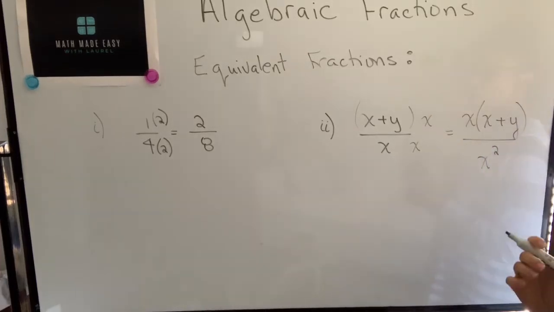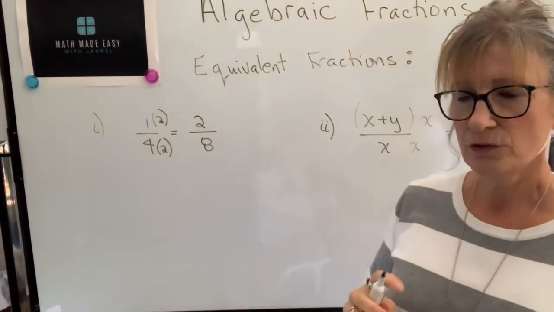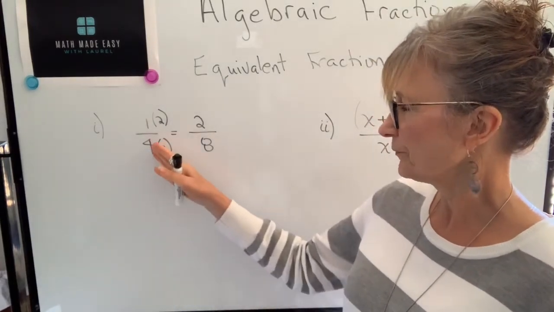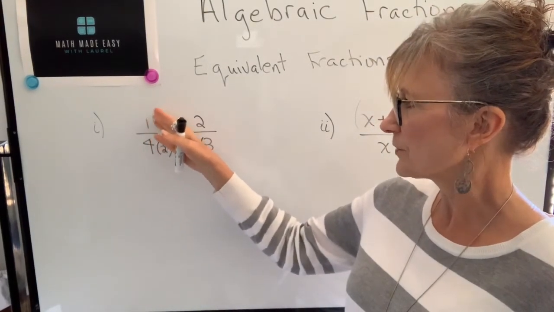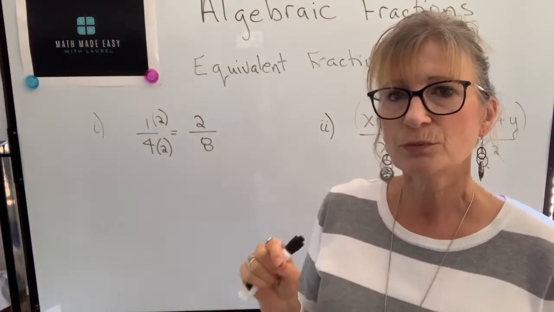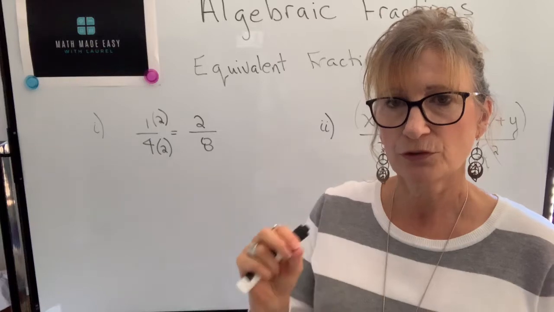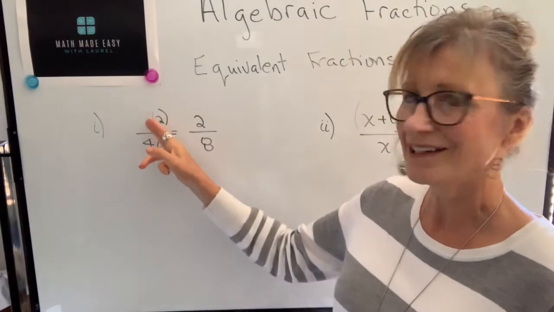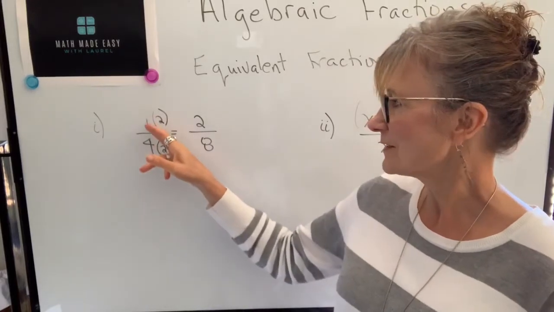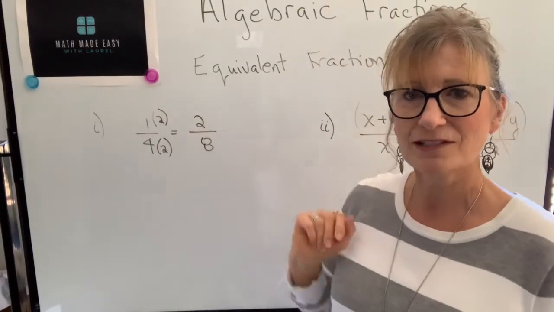I could leave it in factored form, or I could expand it depending on what I was going to do next. One thing I want to point out is that when you start manipulating your fractions, in this case multiplying by a factor in both the numerator and the denominator, you can only multiply or divide the numerator and the denominator. You can't start adding things to the numerator and denominator. That doesn't work. You can't subtract something from the denominator and subtract the same thing from the numerator.